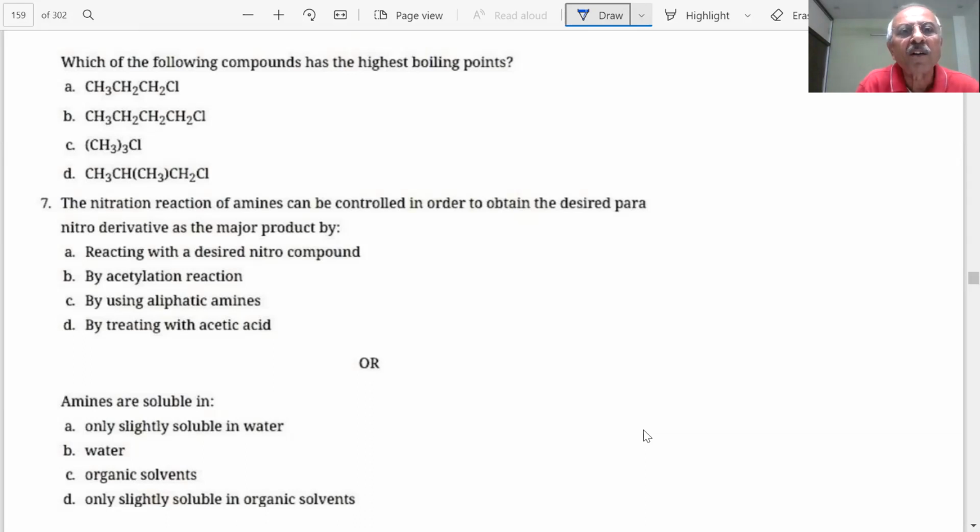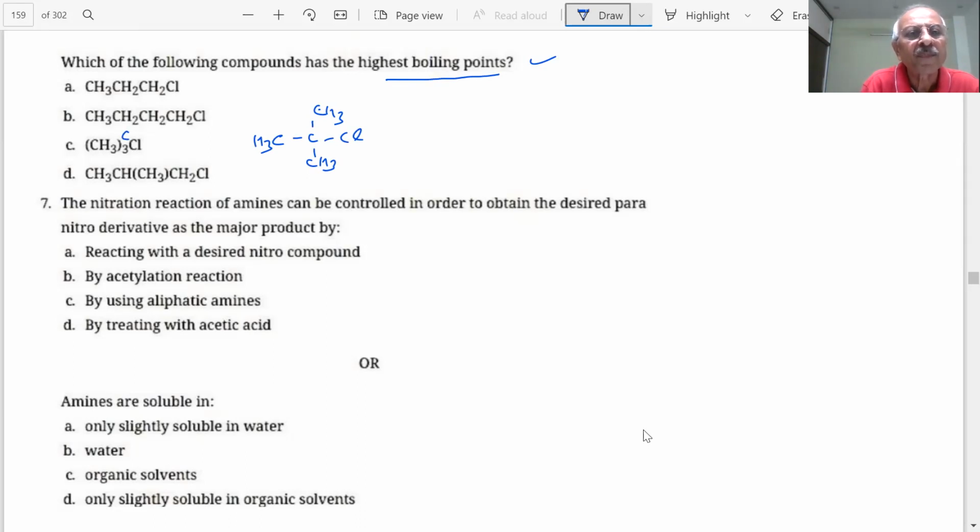Which of the following compounds has the highest boiling point, student? Important question. How do you decide the boiling point, student? What compounds are given? CH3, CH2. What compound is this? CH3 thrice. There is a carbon, and like this.